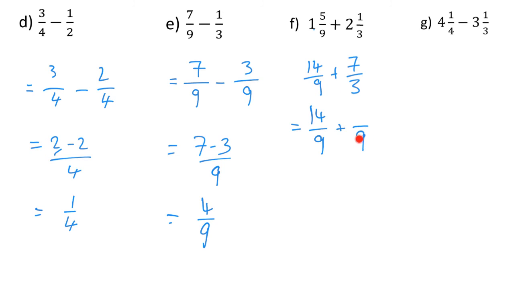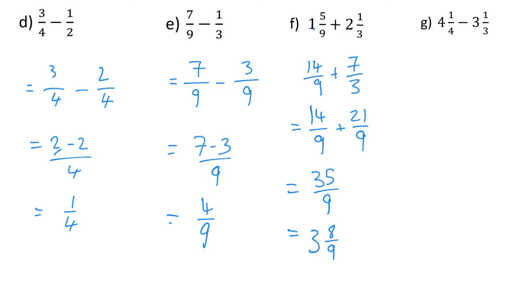To get from 3 to 9, we've multiplied by 3, so do the same on the top, and we get 21. Add the numerators, we get 35 over 9. Then 9 divided into 35 goes 3 times with 8 left over. So it's 3 8/9.